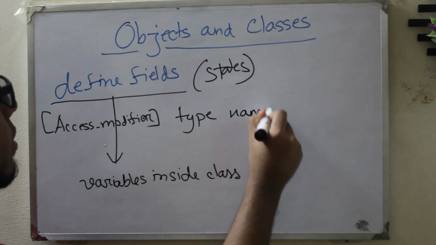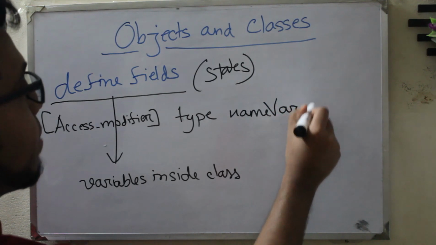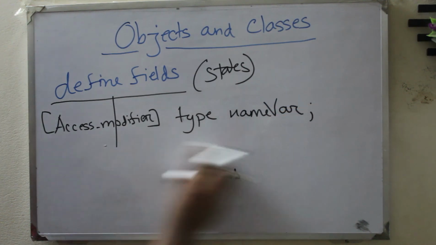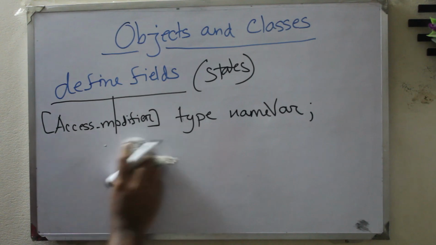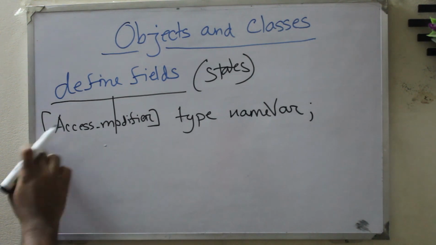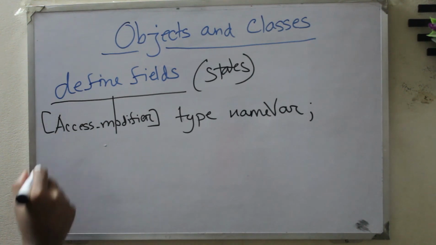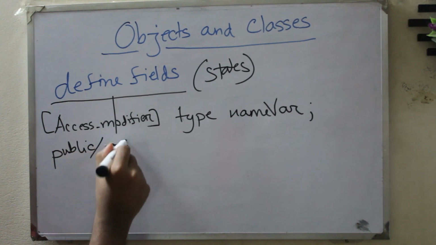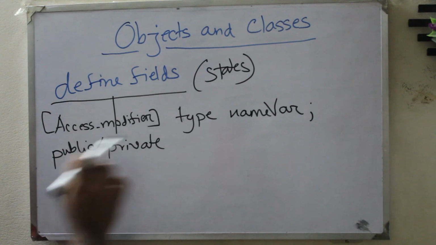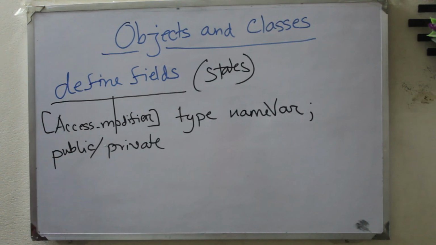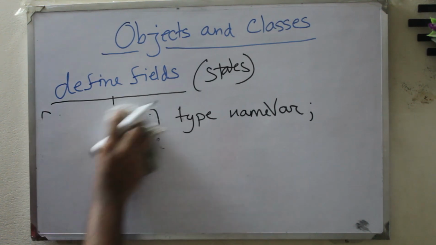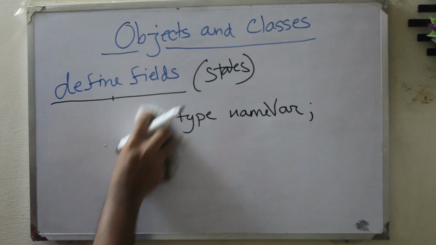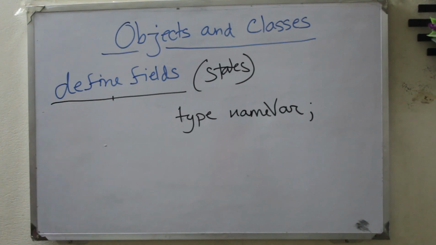Since they're variables, I say name of a variable. So we know, once again, this part is optional. So this could be public or this could be private. You know what public and private stand for, but if you don't write down anything, this means that this is default. So this remains default here.